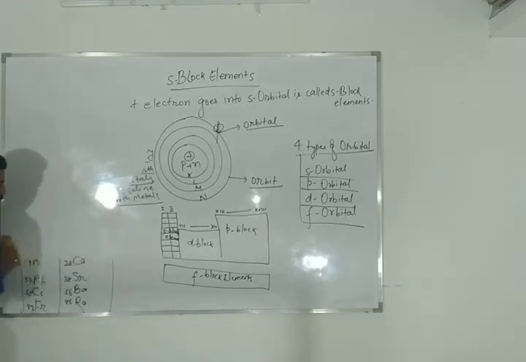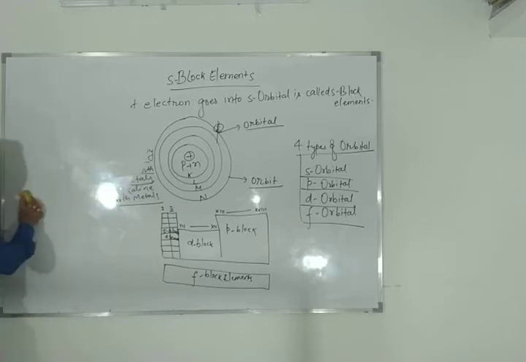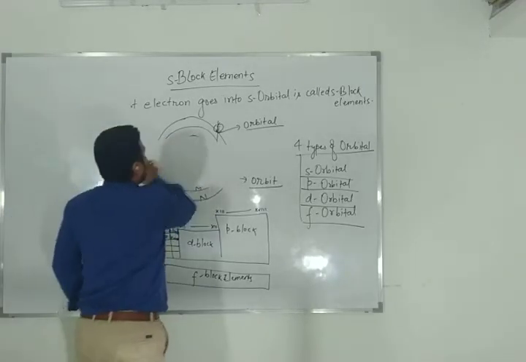There are a total of 4 blocks of elements present in the periodic table, as you have seen: s-block, p-block, d-block, and f-block.